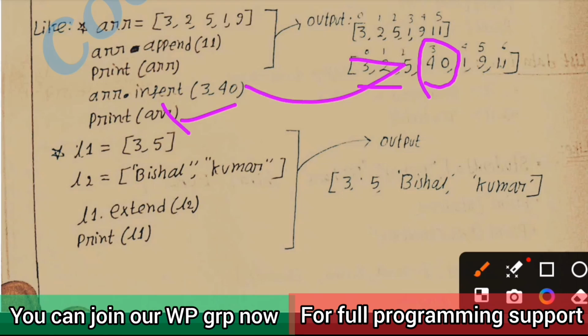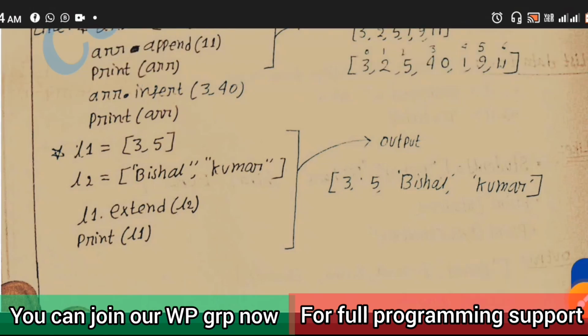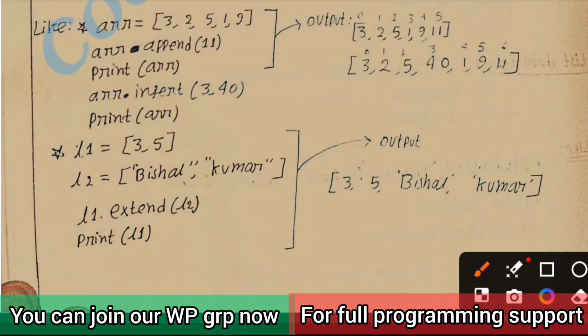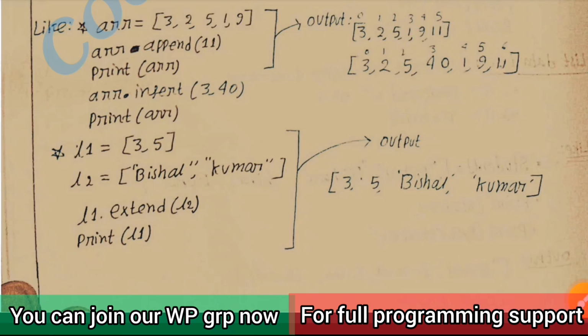That's how you insert at a specific index, and the following elements 1, 9, 11 are shifted, extended by 1 index. So 1's index will be 4, but in the previous array 1's index was 3, and 9 will be 5 and 11 will be 6. That's how our indexes are extended.